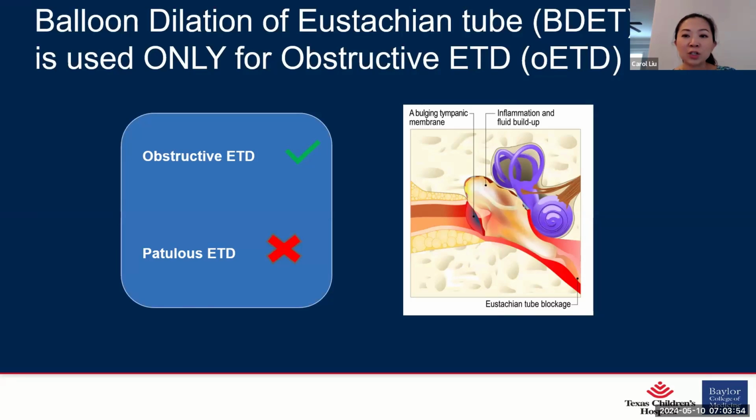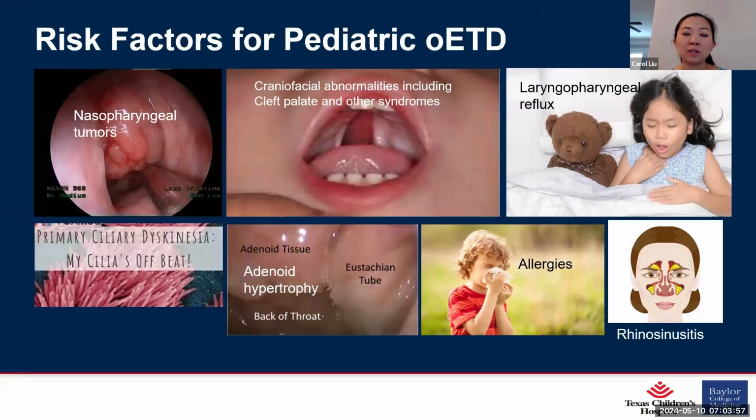In pediatric patients, what are some of the risk factors that can cause kids to have obstructive Eustachian tube dysfunction? The most common issue we see is seasonal allergy, especially here in Houston, which is fairly humid with lots of pollen. So allergy is a very big component for a lot of kids with Eustachian tube dysfunction. The other things to keep in mind are adenoid hypertrophy, chronic sinus infection, and reflux.